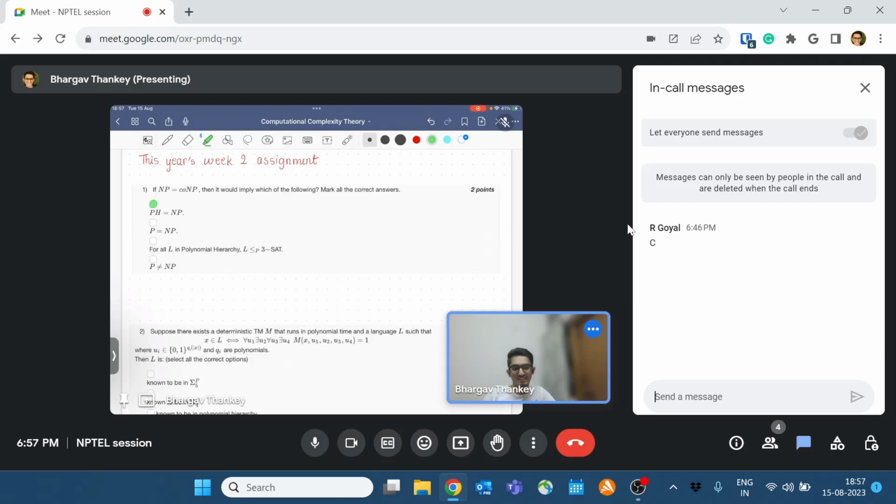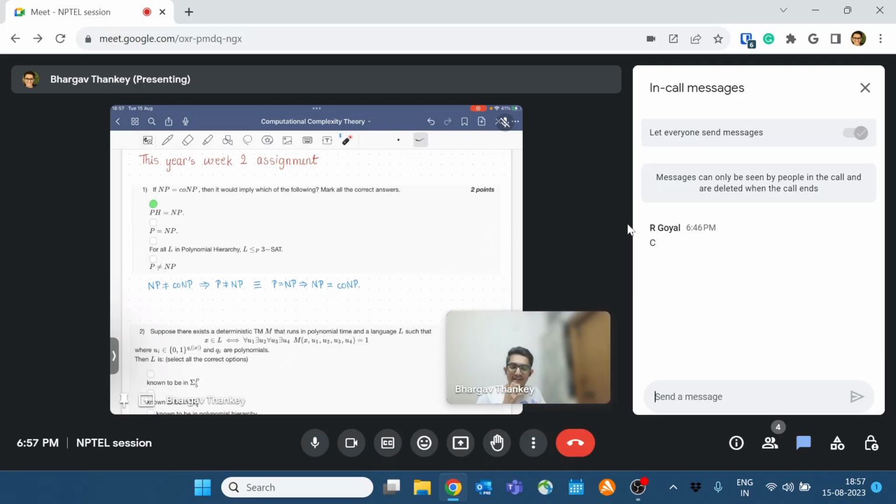What is known is this, and this is equivalent to saying that P equals NP implies NP equals co-NP, right? But this is the implication we get, and in the question we need the reverse implication, right?